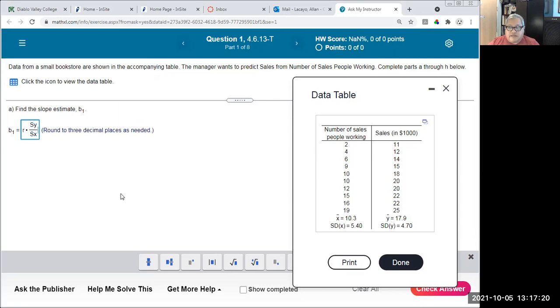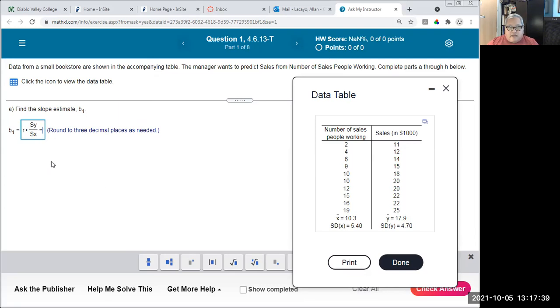So in this case, the rise and the run of the model are given by how much variation there is in sales with respect to how many variations there are in the number of salespeople working. How Y varies relative to how X varies.